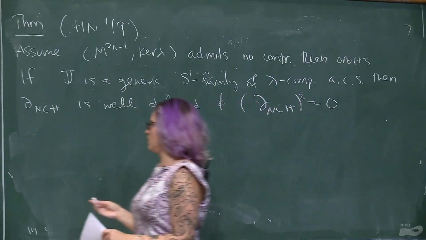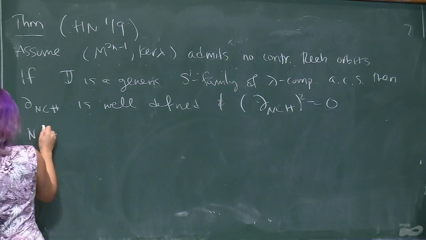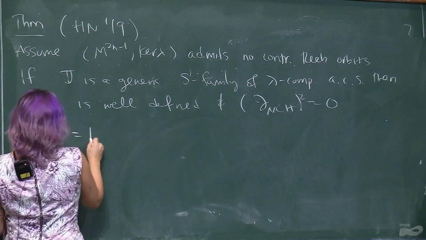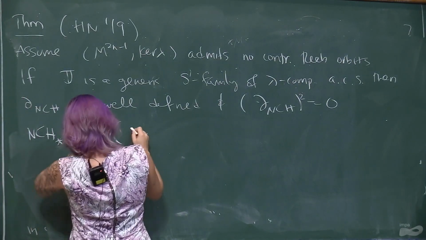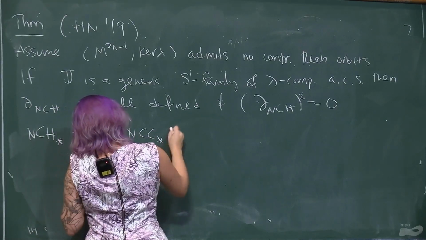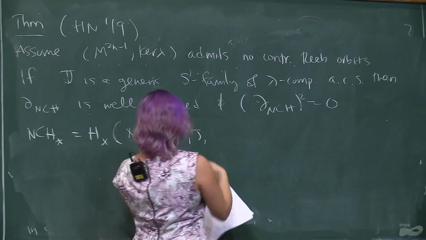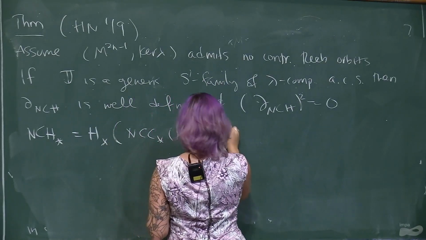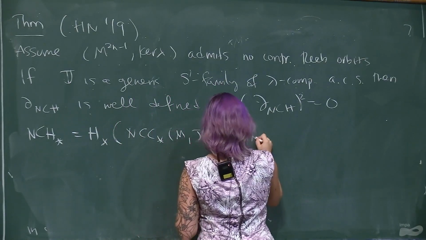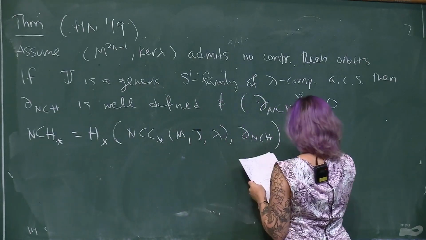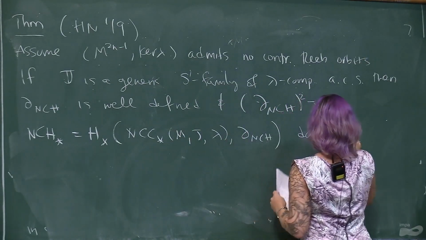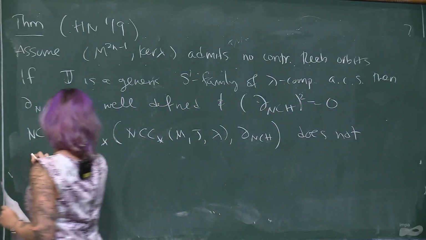And moreover, the homology, which in order to define depended on a choice of J and lambda, does not depend on the choice that you made of your lambda or J.